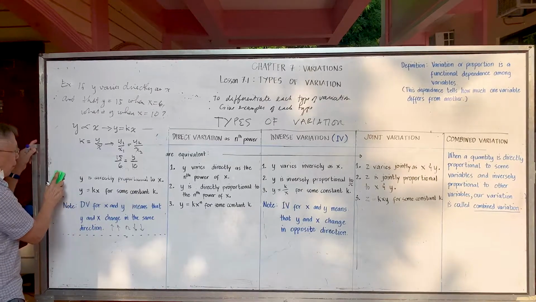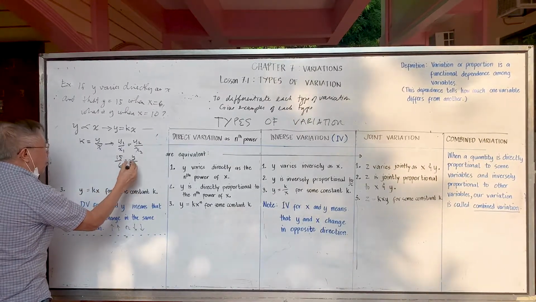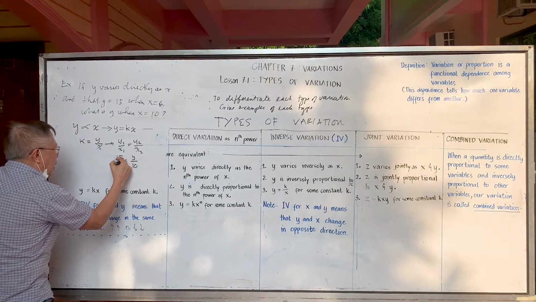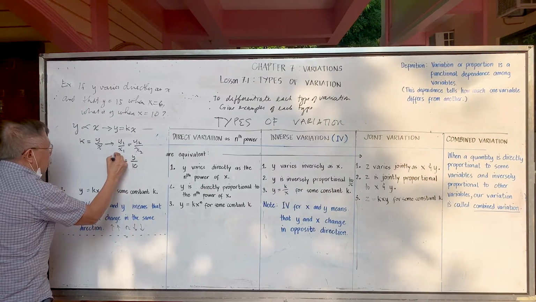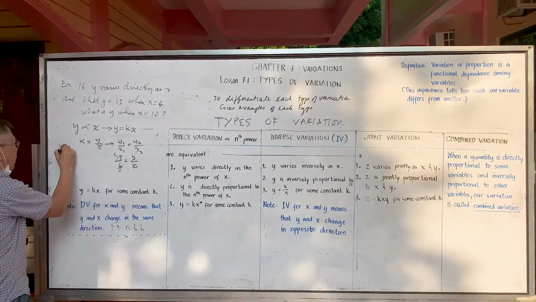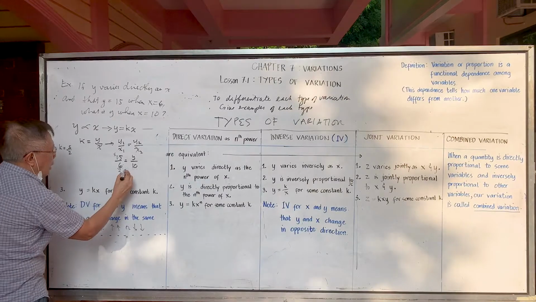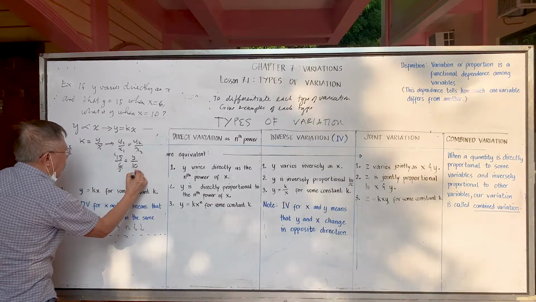Okay. Solving for y here will give me, I can cancel 15 and 6. 15 divided by 3 is 5. 6 divided by 3 is 2. So my k here is actually 5 over 2. And then I can cancel 10 and 2 here. I get a 5.